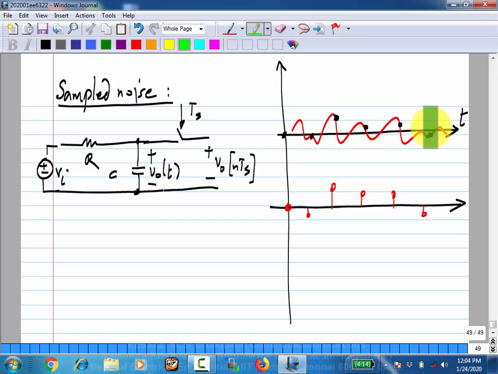So what are the quantities we use to describe noise? Power spectral density, then variance. Okay. So how is the variance of this discrete time signal related to the variance of the continuous time signal?